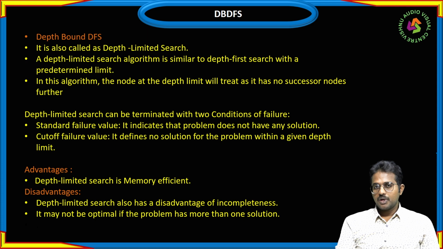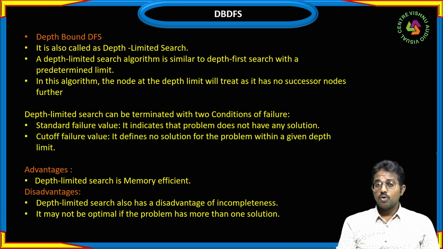This algorithm is going to execute DFS. As per DFS, we search the problem, and whenever there is more than one solution, DBDFS will return whichever solution it has encountered first. After the first solution it gets, DFS will exit and give the path to the goal node that it found.